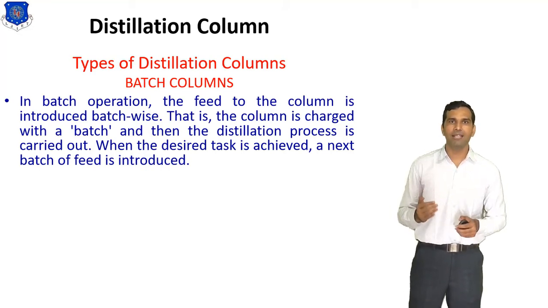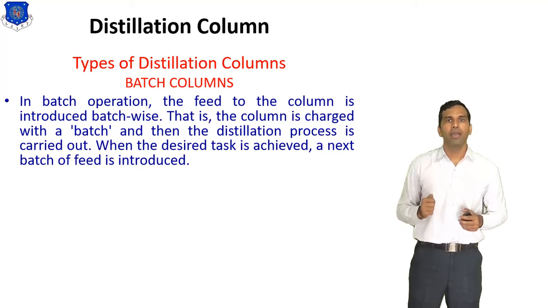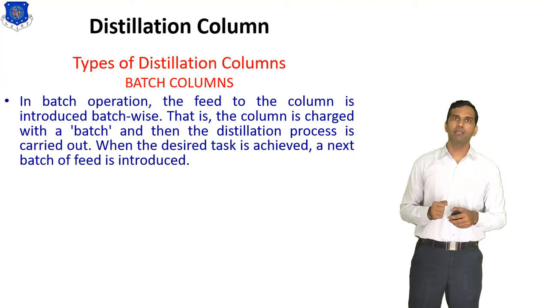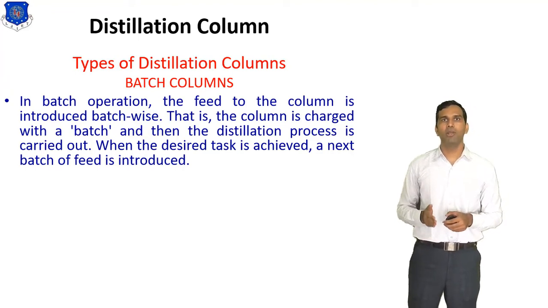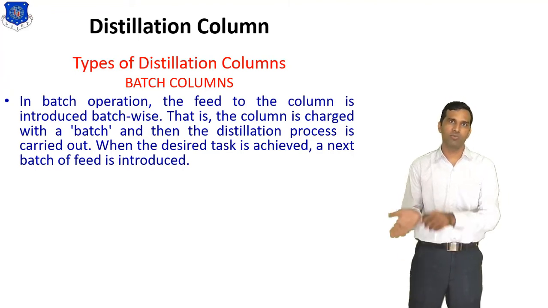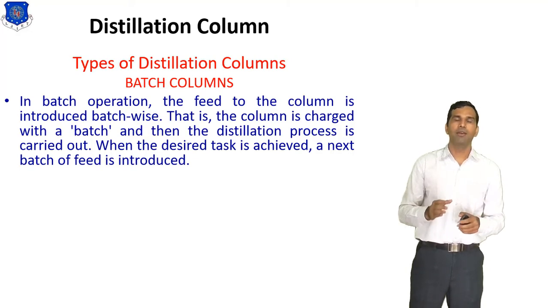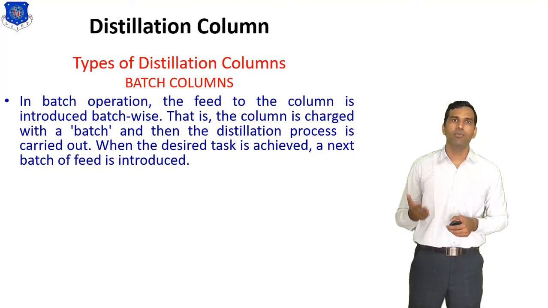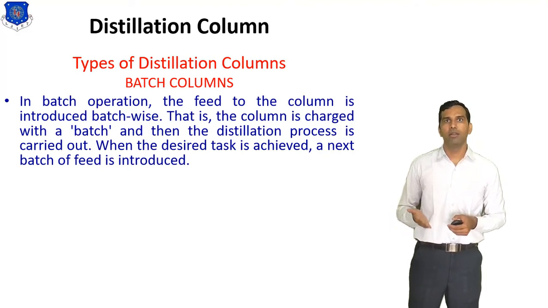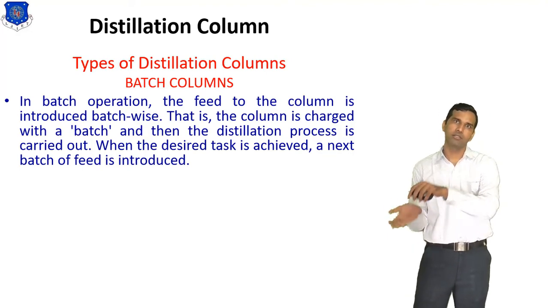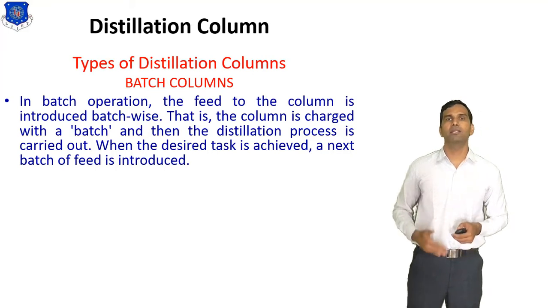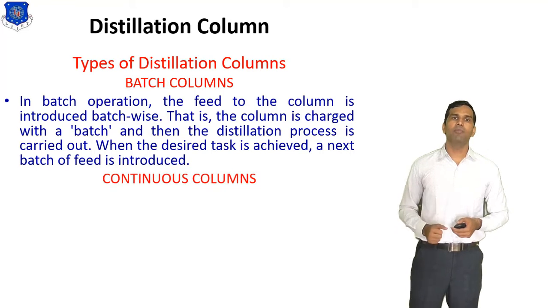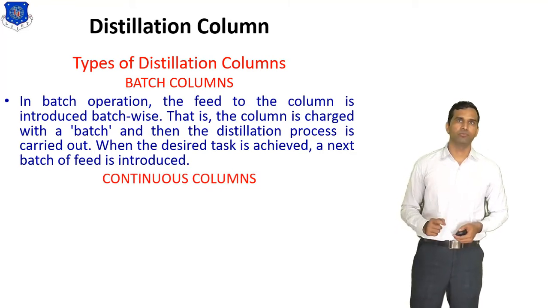When the desired task is achieved, the next batch of feed is introduced. That means first a batch comes, then we proceed with the procedure, then we get the desired goal, then we enter the second batch. So this is the batch column.